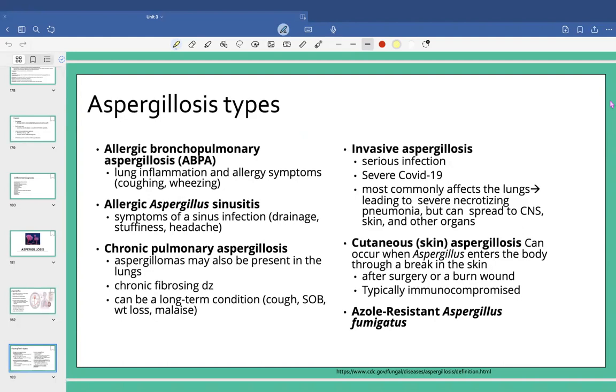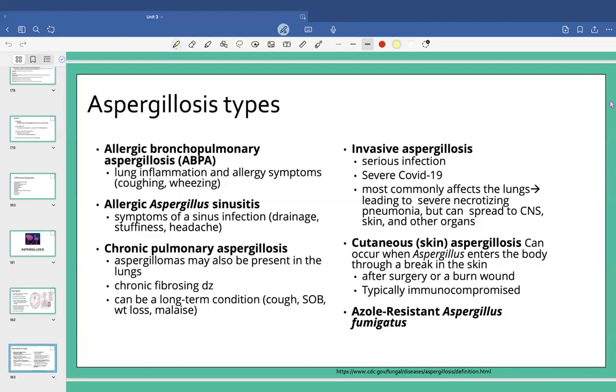Typically, I found it in younger patients, but it can occur at any age. These patients typically do have underlying allergies and have to have some type of therapy for their allergies to control the fungus in the sinuses. The end-all treatment for that is surgery, but we'll talk about that in a few slides.